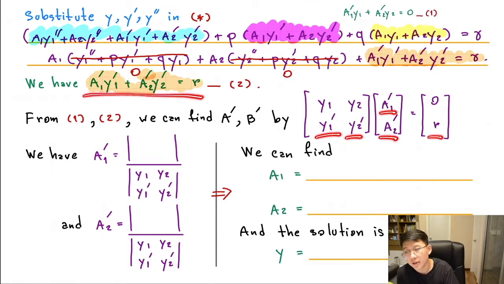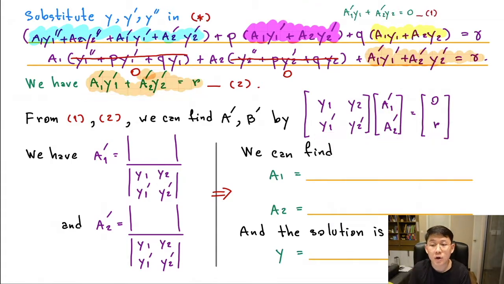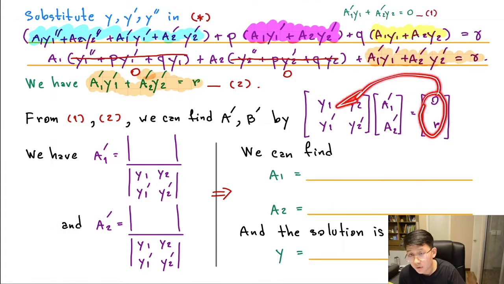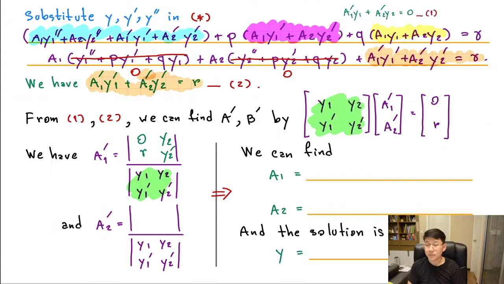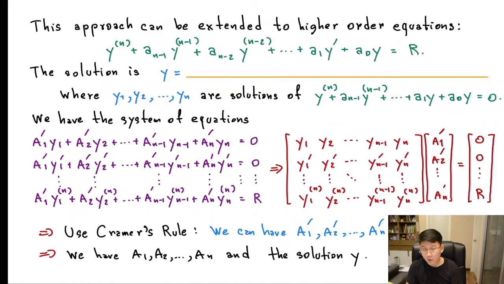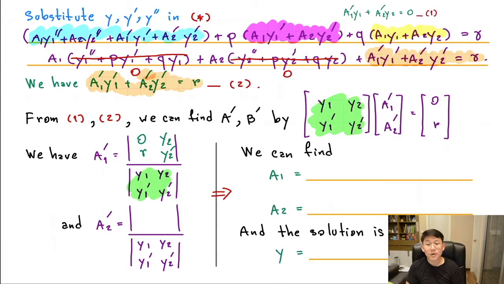So we can solve for a1 prime by using Cramer's rule. You substitute the first column with 0 and r, so what you have is 0 and r, y2 prime. This is the determinant of this, what we call Cramer's rule.